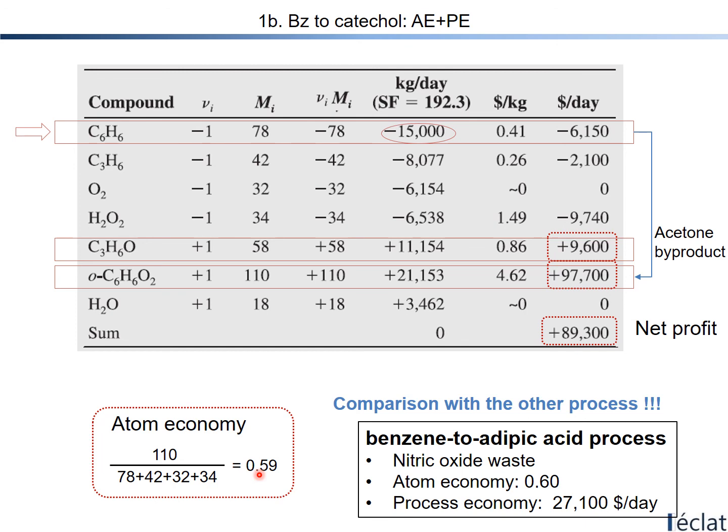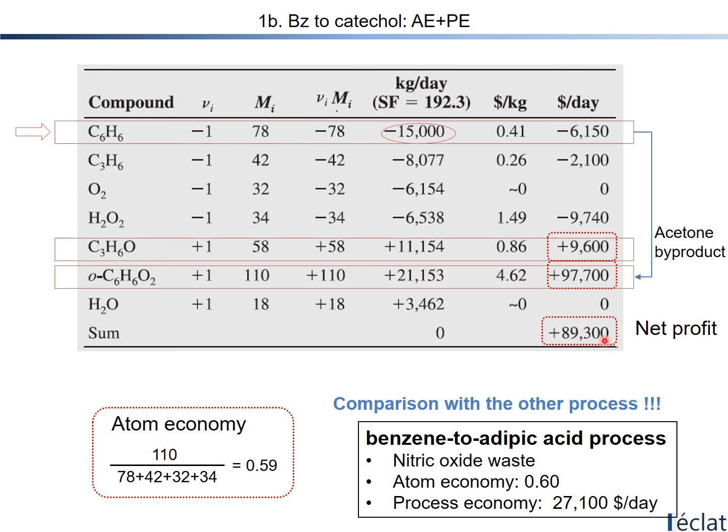However, let's go to the process economy. For the adipic acid production process, we will earn less than $30,000 per day. However, if you want to make the catechol plus acetone, you will earn $90,000 per day, 3 times more benefit.